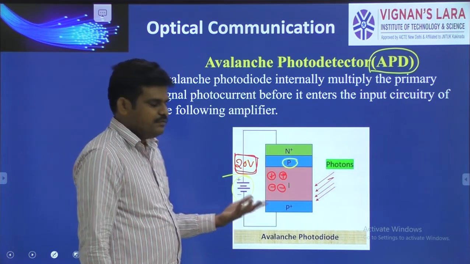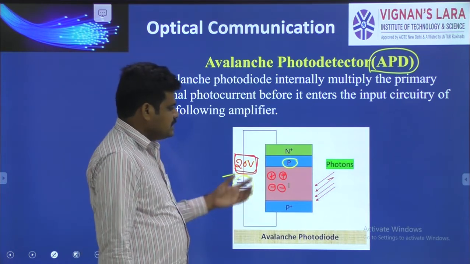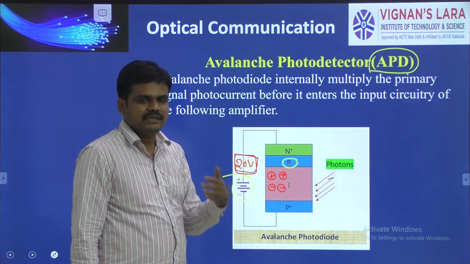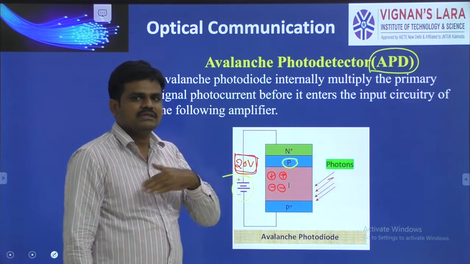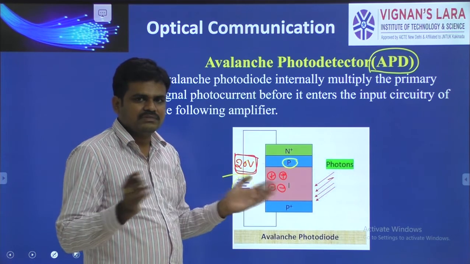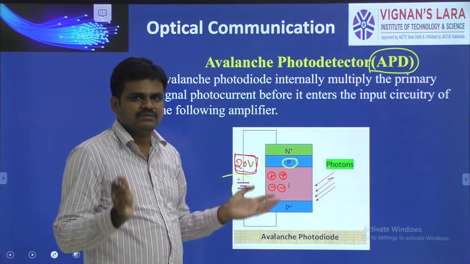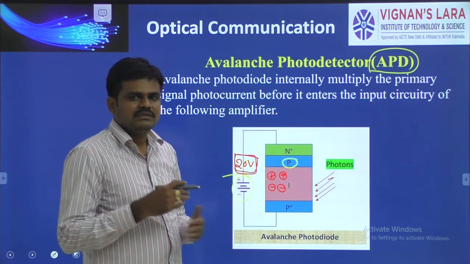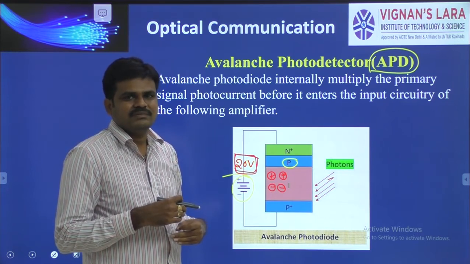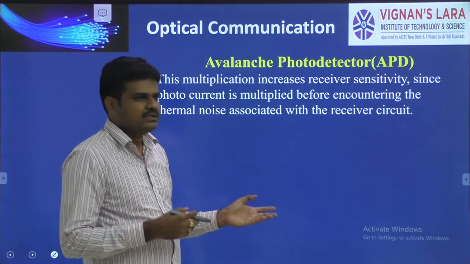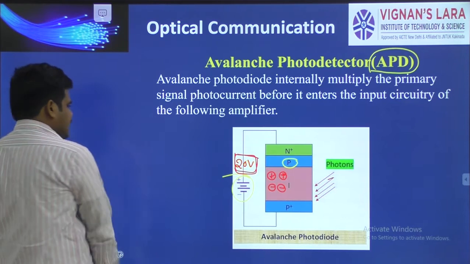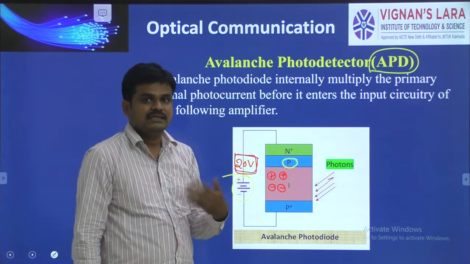If you observe this avalanche effect or multiplication process, the hitting of one electron with the intrinsic atom, and two more or a few more electrons will be coming out of that. Everything is done at a high speed, in an avalanche manner, means suddenly.